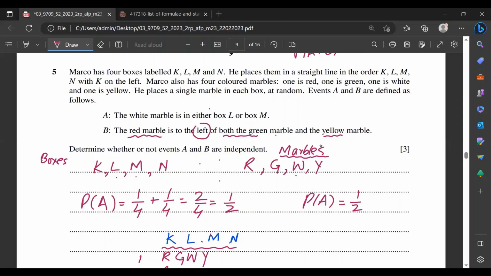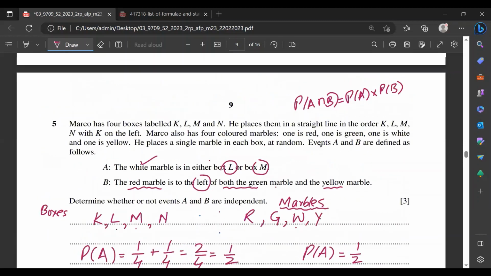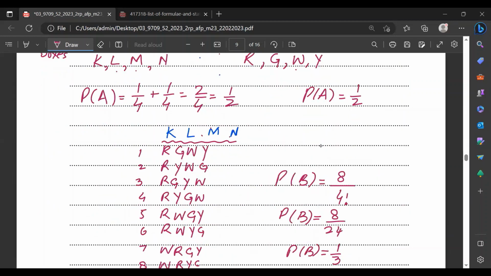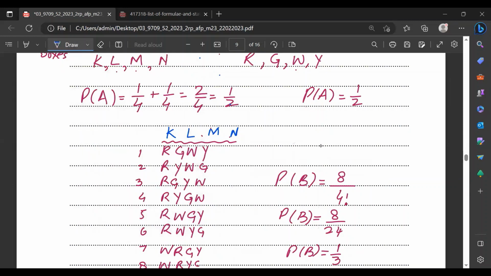The white marble is either in L or M, and the red marble is to the left. So out of these cases, identify the cases when the white marble is either in L or in M.